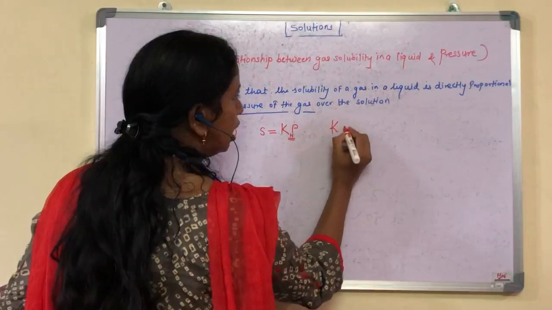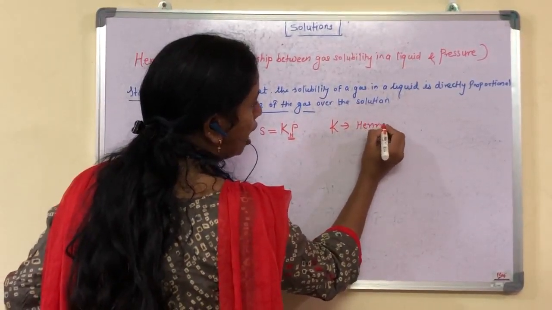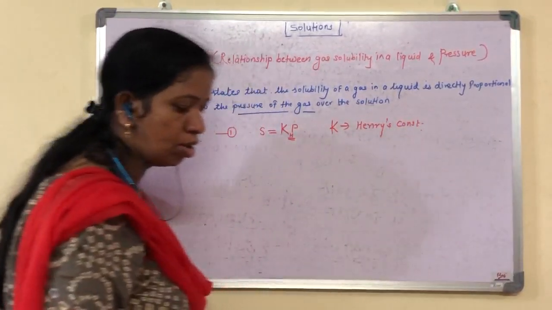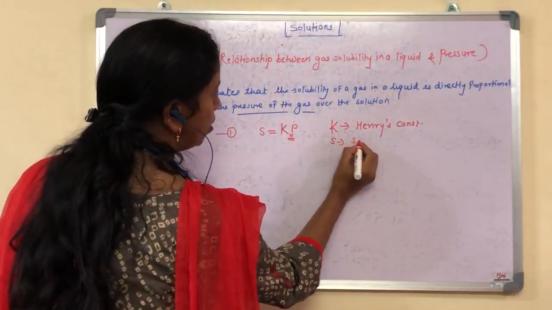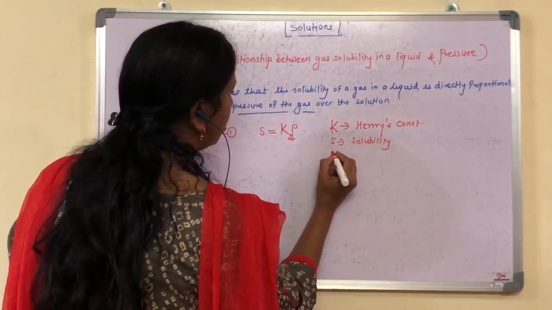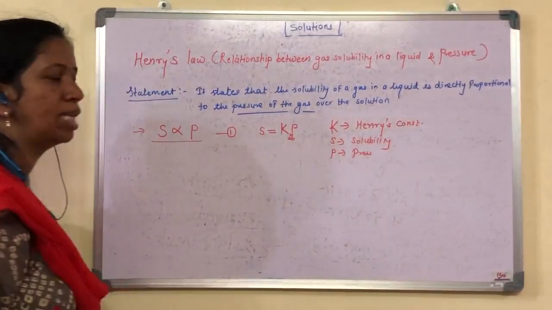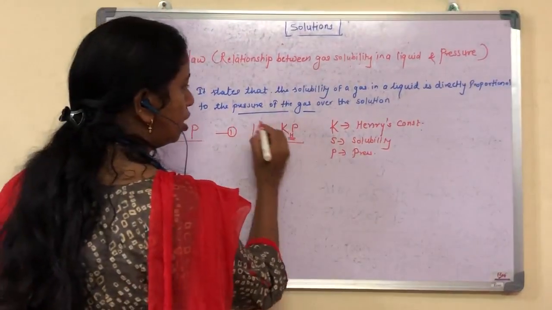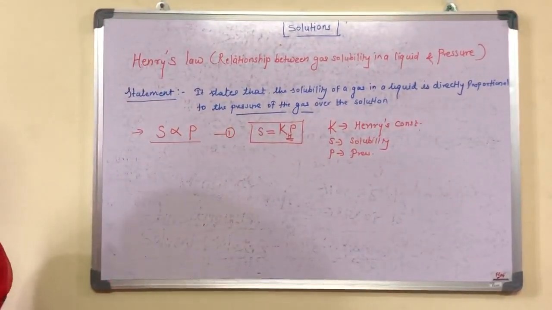So K_H is the Henry's constant, or the proportionality constant, S is the solubility of the gas in a liquid, and P is the pressure of the gas over the solution. So here we get the relationship between the solubility and the pressure.